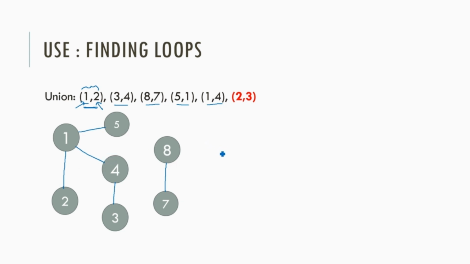So at this stage it's clear from this forest that there are two disjoint sets. One of the sets consists of elements 1, 2, 3, 4 and 5. Another set consists of elements 7 and 8.